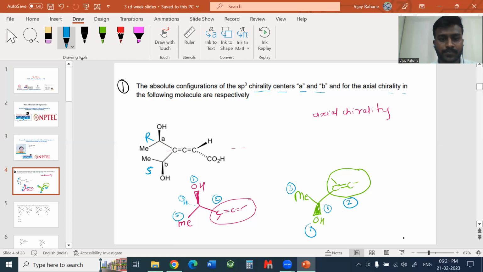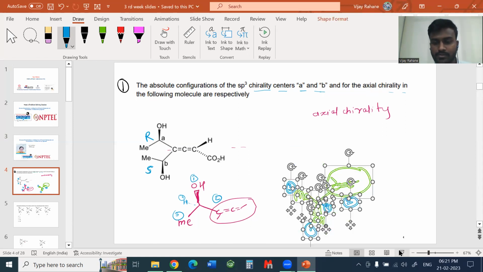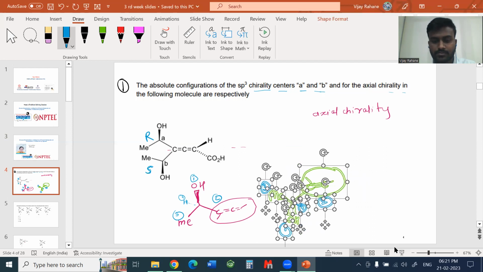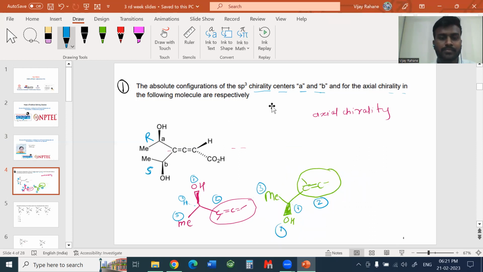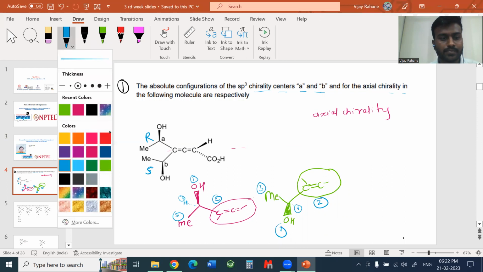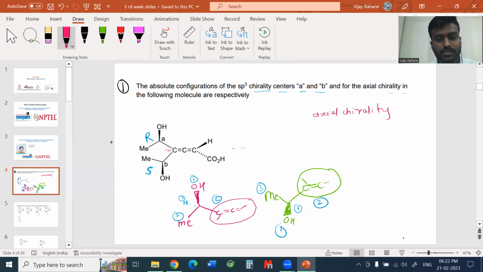Now we need to assign the configuration for the axial chirality, this chirality axis, right? So we'll move all this part to get some space here. So this one is the axis. We will view from this side.